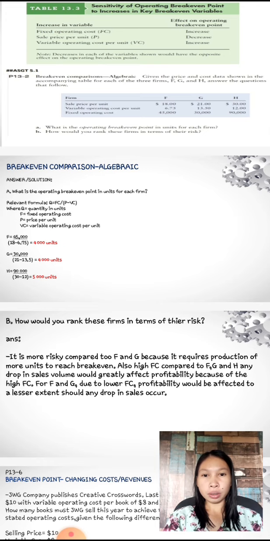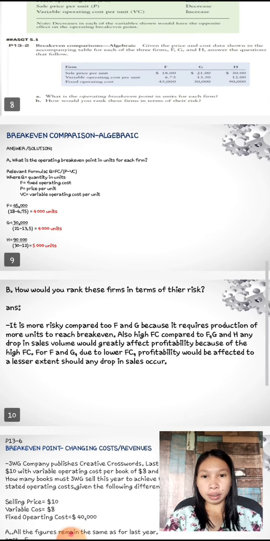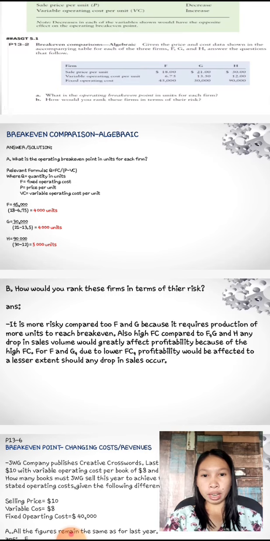The solution to number 1: the relevant formula is Q = FC / (P - VC), where Q is the quantity in units, FC is the fixed operating cost, P is the price per unit, and VC is the variable operating cost per unit.